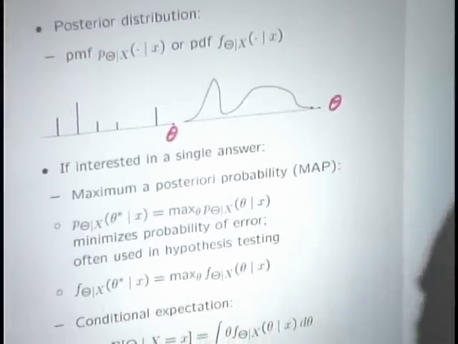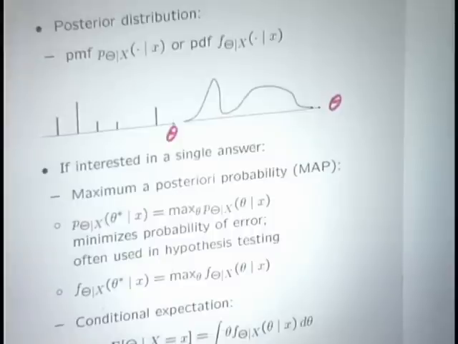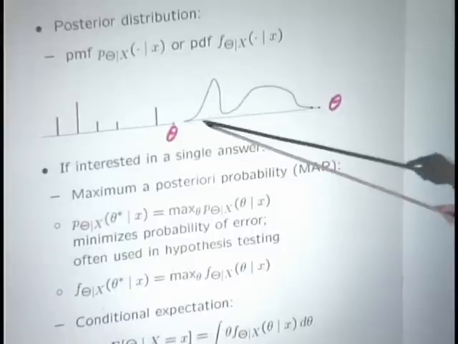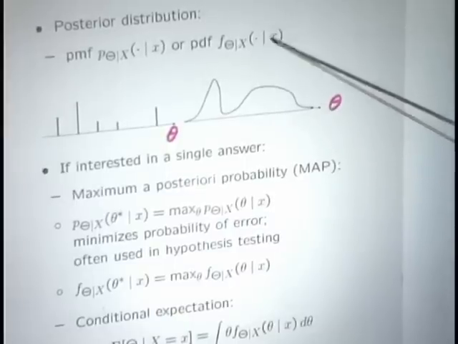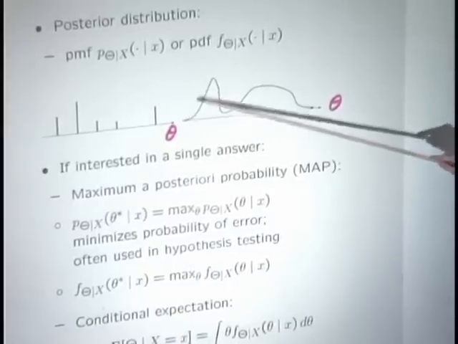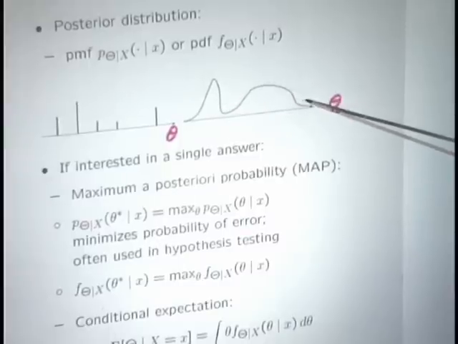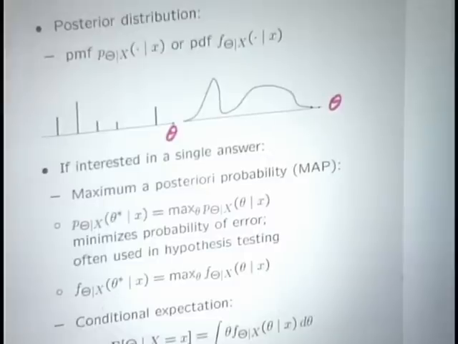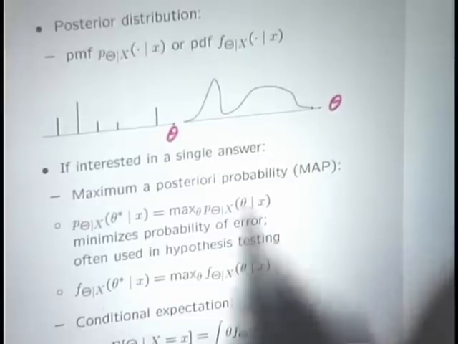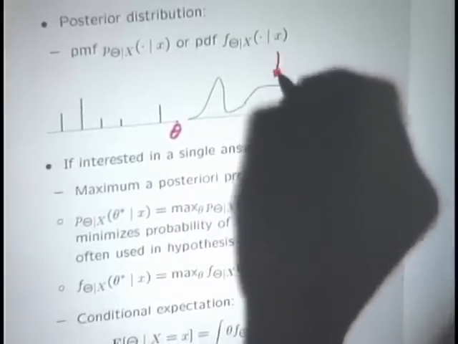These are the possible values of the unknown quantity that we're trying to estimate. In the continuous case, theta is a continuous random variable. I obtain my data, and I plot the posterior probability distribution after observing my data. And I'm plotting here the probability density for theta.